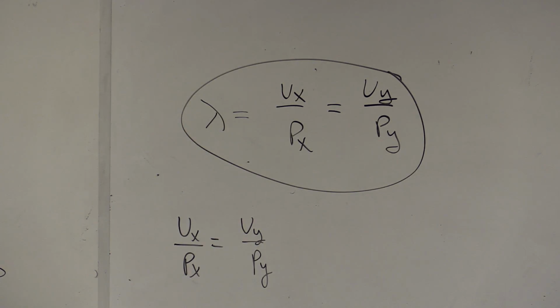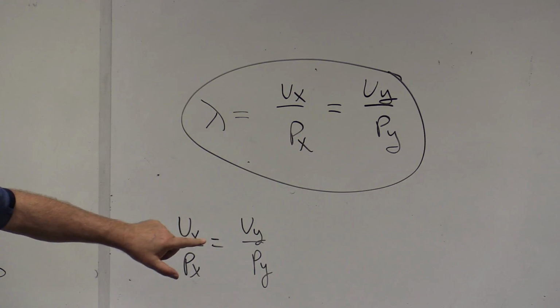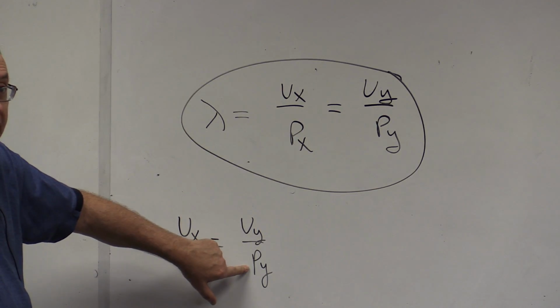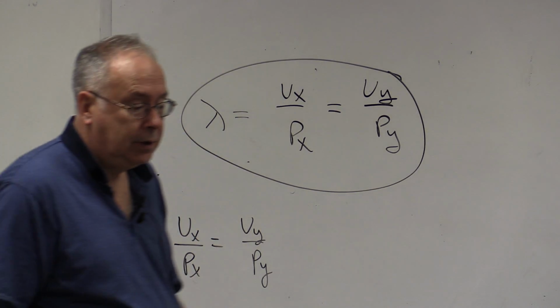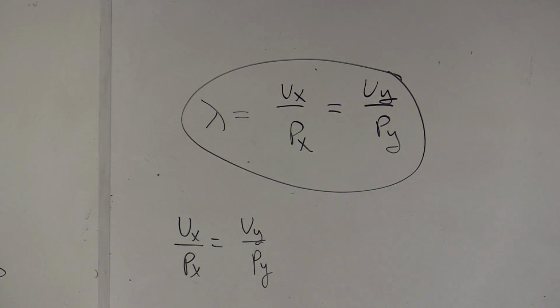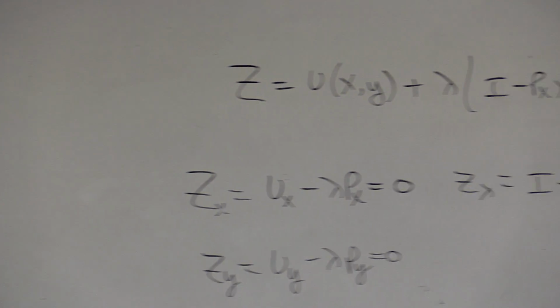In other words, we require that the marginal utility of good x divided by the price of good x be the same as the marginal utility of good y over the price of good y. Okay. So in order to maximize utility, you must be consuming at a point where the marginal utility of each good divided by its price is the same across all goods. This result generalizes to the case where you're consuming n goods.